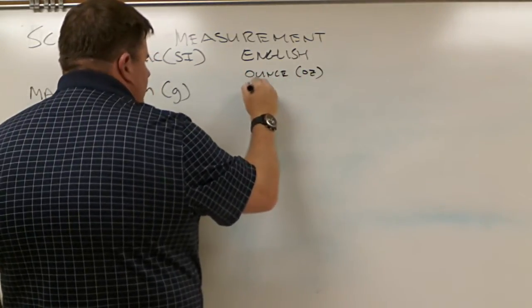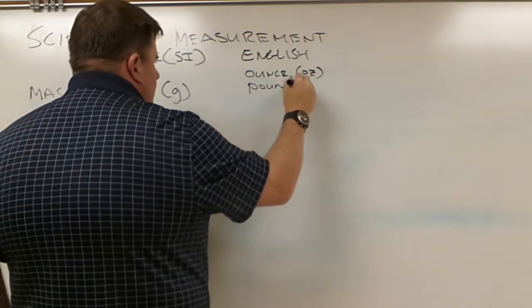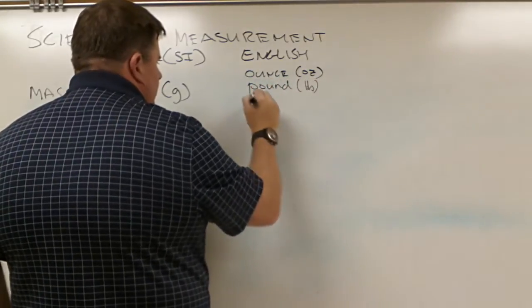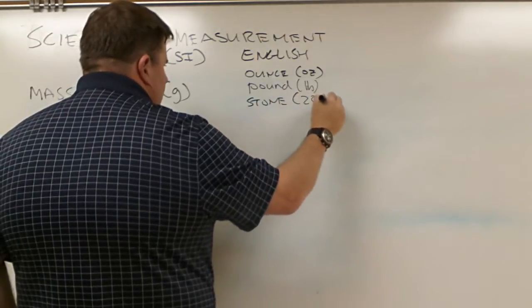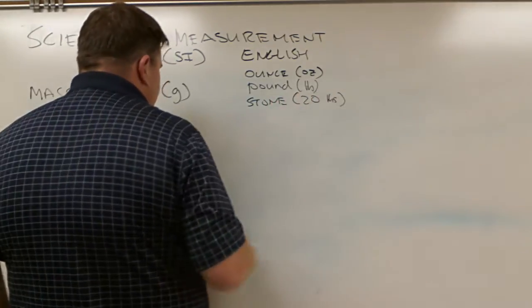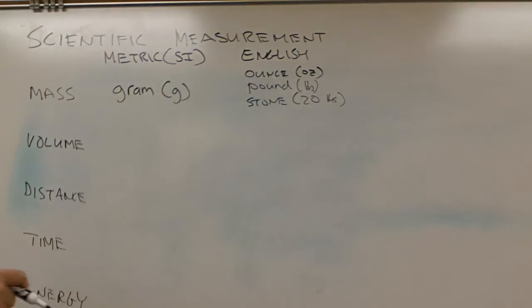There is the pound. There's the stone. It's about 20 pounds. So 3 different mass measurements that are there with the ounce, pound, and stone.